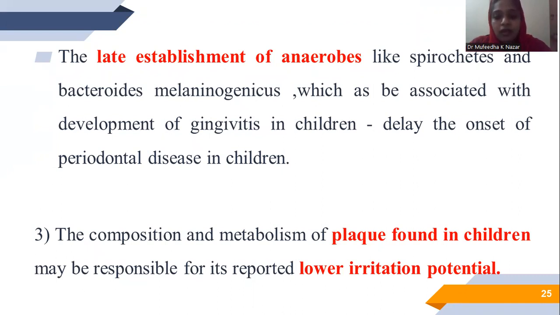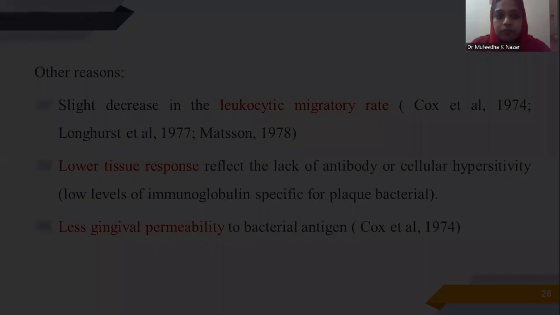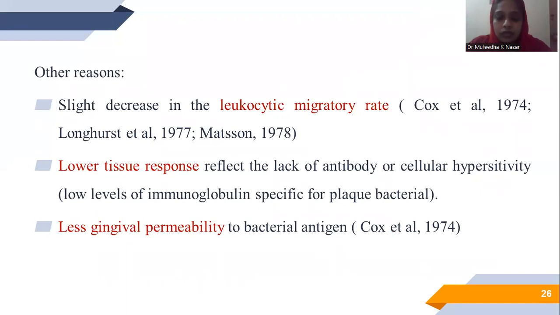Studies have found that the bacterial plaque found in children is of lesser irritation potential. Other reasons include decreased leukocytic migratory rate, lower tissue response, and lesser gingival permeability to bacterial antigen.